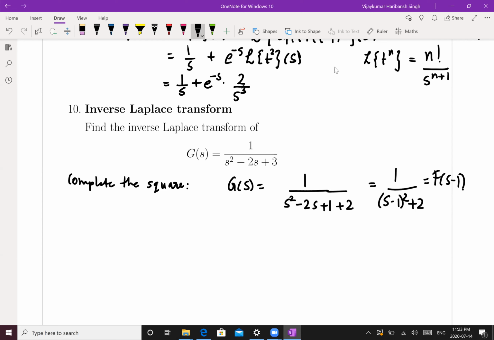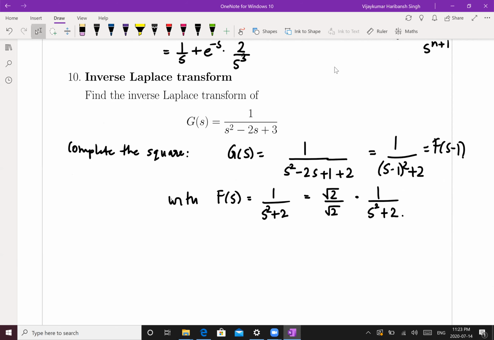You can think about it as a function F of s minus 1, with F of s equals 1 upon s squared plus 2, which can be seen as root 2 by root 2 times 1 upon s squared plus 2.